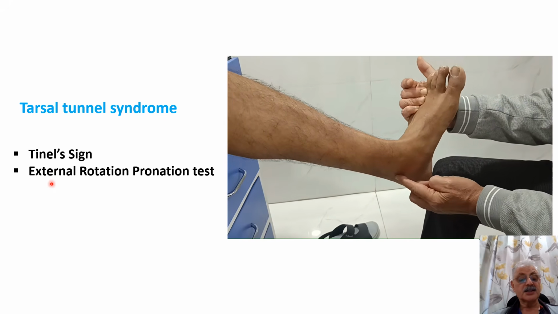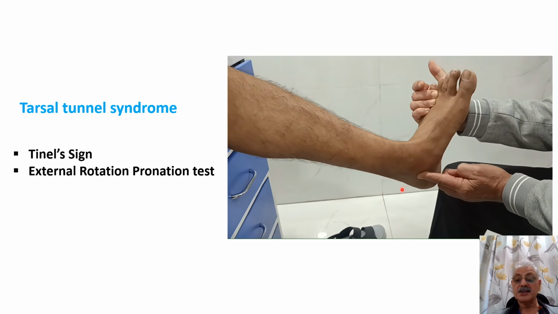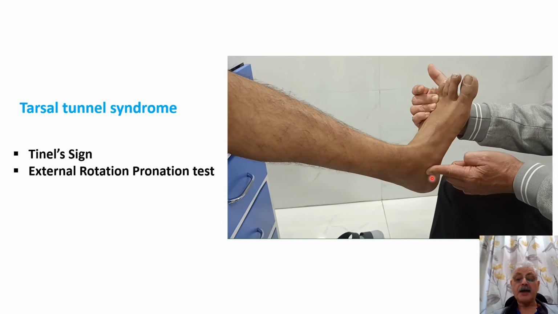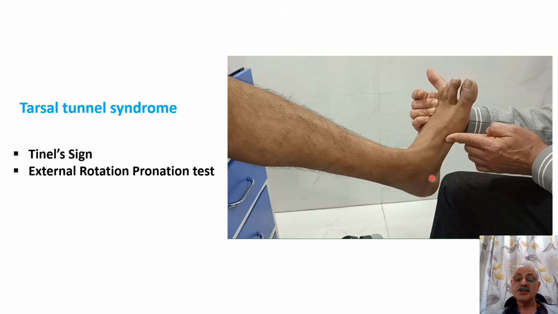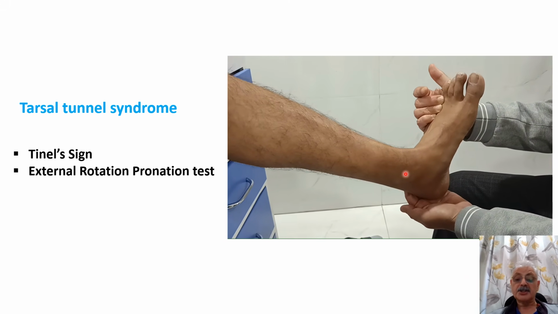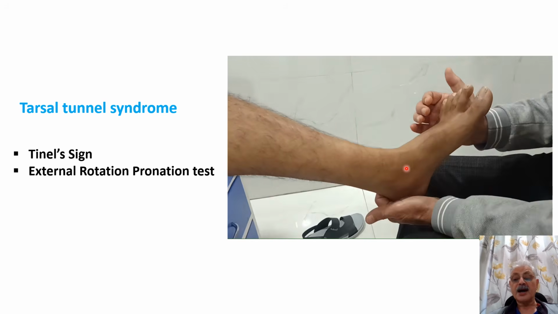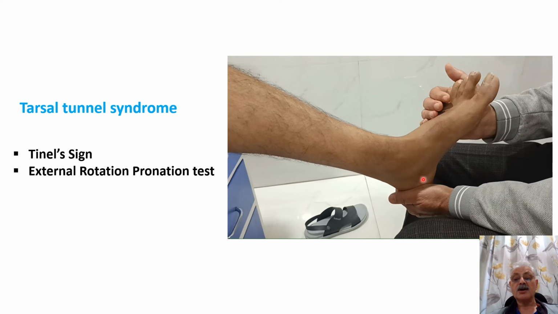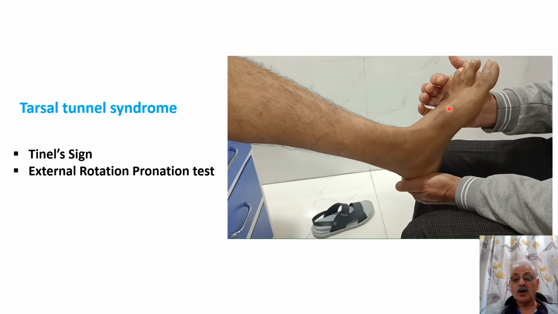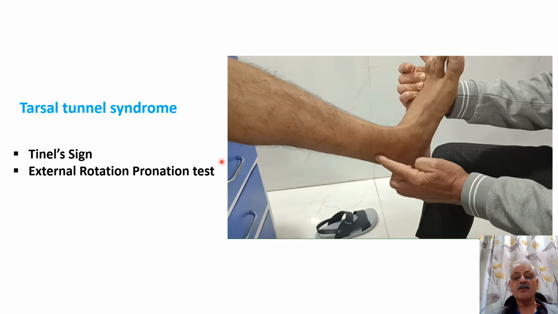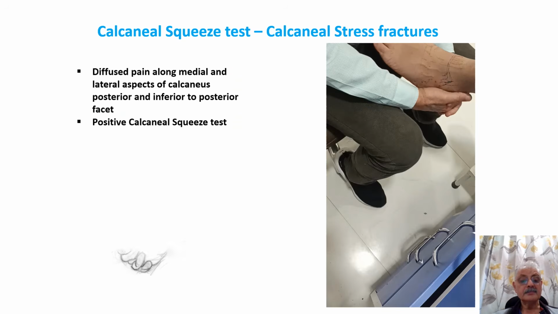Another test is the external rotation pronation test, where you externally rotate and pronate at the ankle, which stretches the medial structures and the posterior tibial nerve, and if there are tingling sensations or paresthesias or sensory symptoms along the branches of the posterior tibial nerve, it is suggestive of tarsal tunnel syndrome.